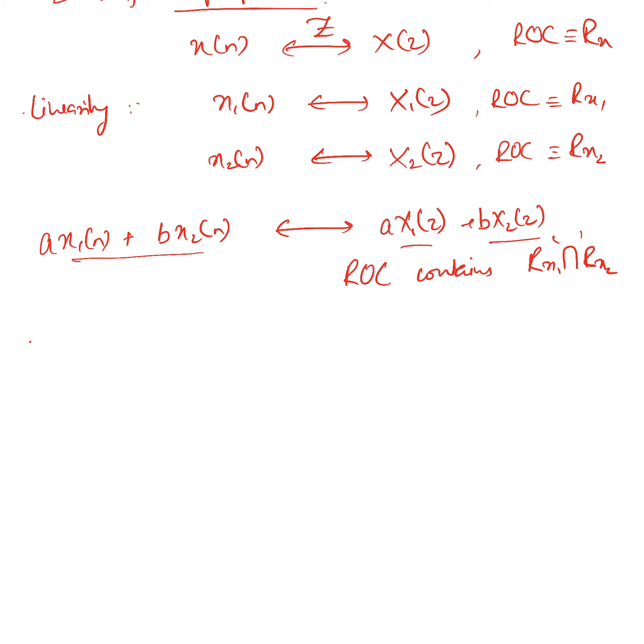Now, secondly, if this linear combination is such that some zeros are introduced that cancel the poles, then the ROC may be a bit larger. Okay, so be careful while computing the region of convergence for this linear combination, particularly when you have pole zero cancellation.